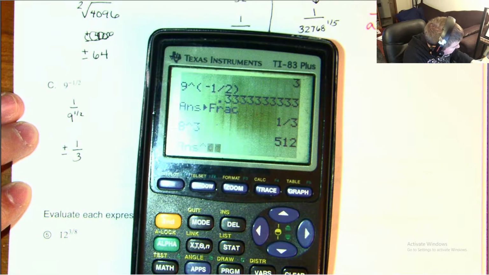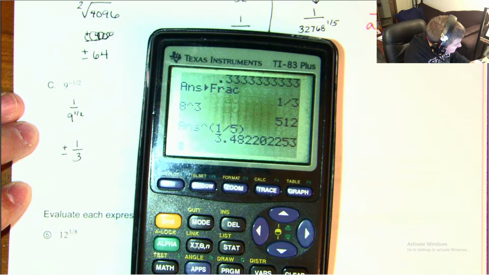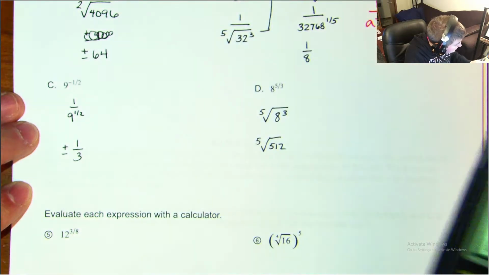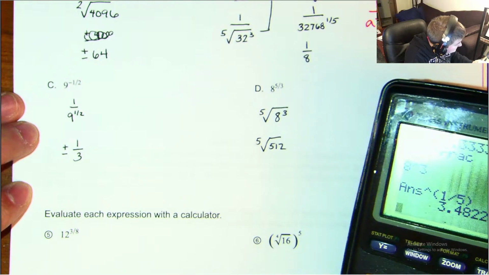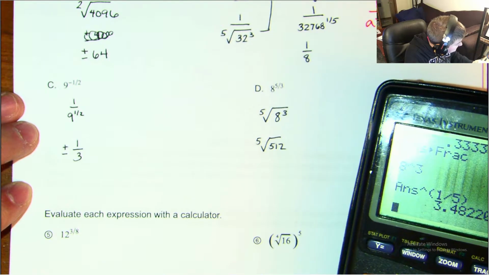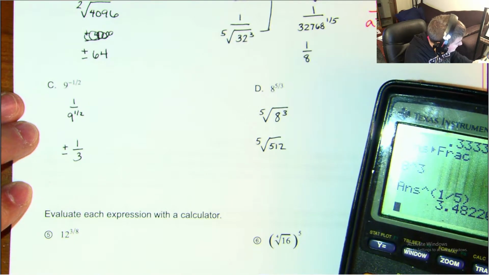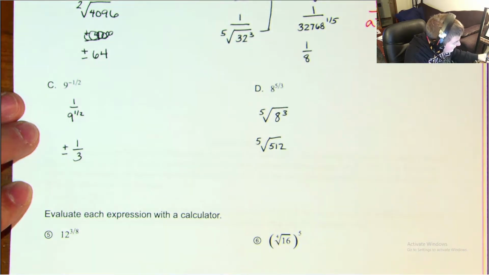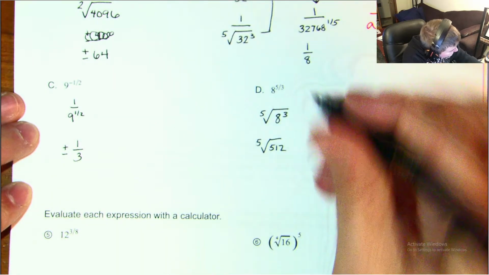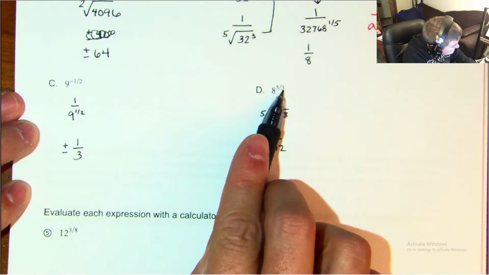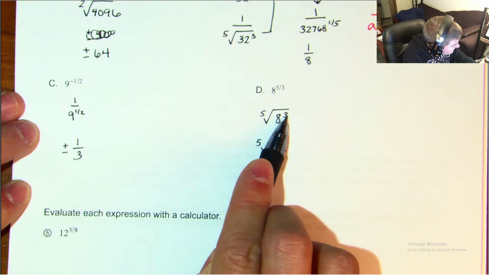So 512 to the 1/5 power, okay, it looks like we just get some sort of decimal, which is fine. Just making sure I have this done correctly. And I do not. No, I have it backwards. Let's see the mistake I made. I'm actually taking the 3rd root of 8 to the 5th power, which is what I did.